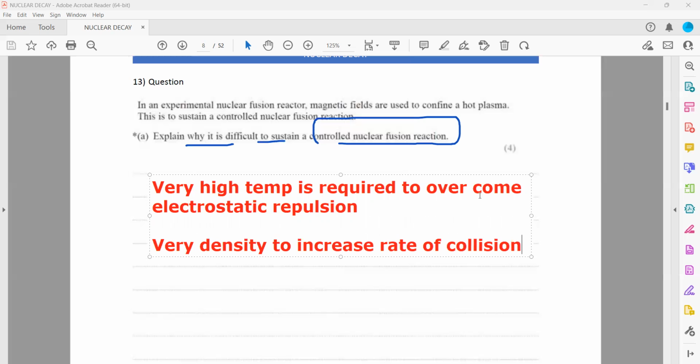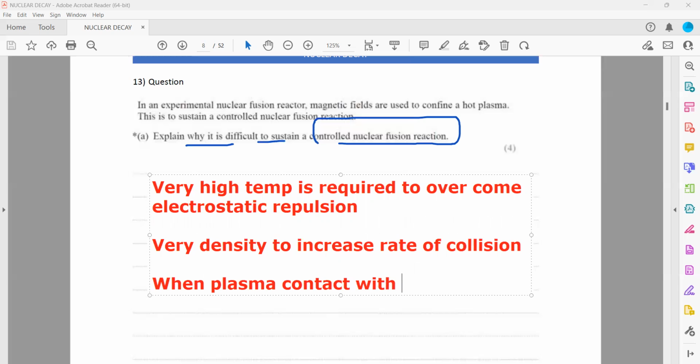Then what happens when plasma comes in contact with the container? It loses energy.